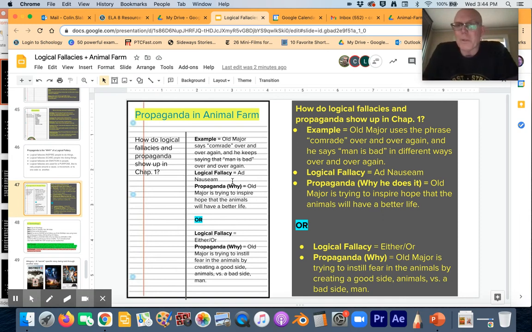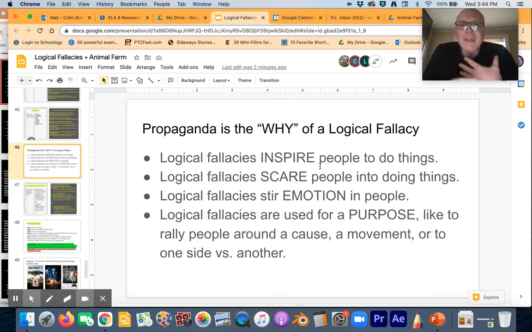Try to identify it. You got six of them. Try to name the one that you think. And then the propaganda part is the why. The propaganda is the why of a logical fallacy, right? The logical fallacy leads into people using it for propaganda. That's there because logical fallacies inspire people to do things, right? They lead people into being inspired.